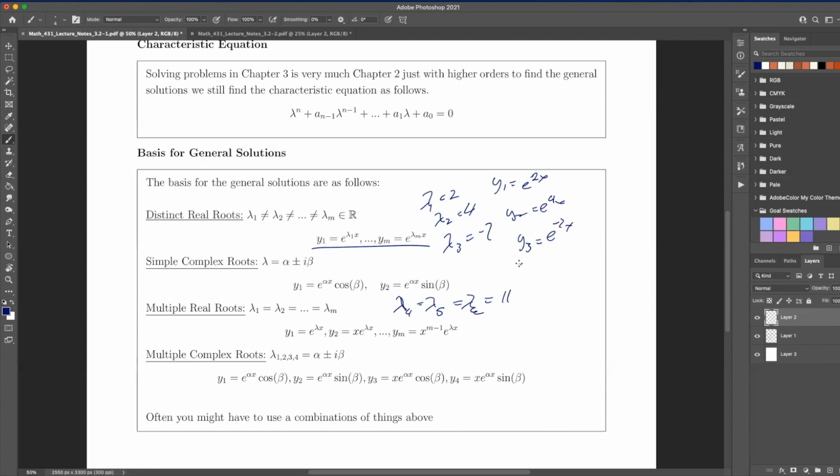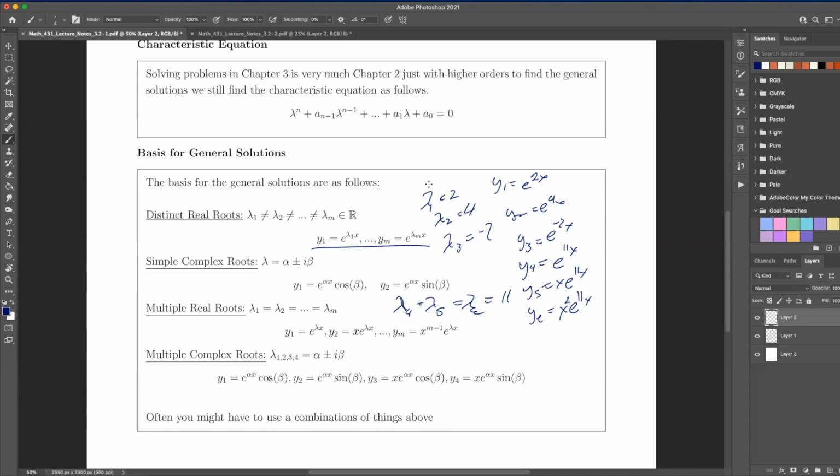But for here, y4 would equal e to the 11x. And then for y5, I'd add an x, so x e to the 11x, and then y6 would be x squared e to the 11x. And so I just keep going up.